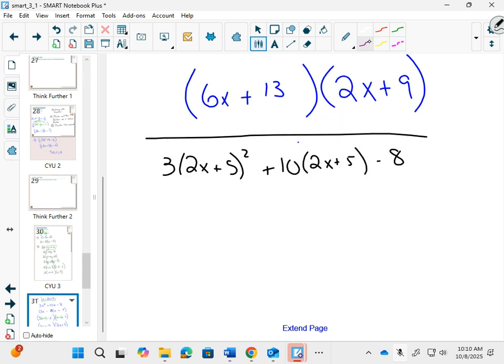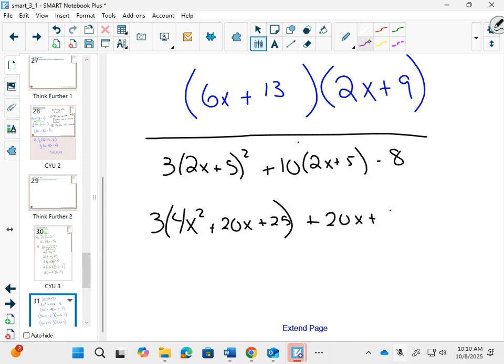So the long way to do these questions is actually multiply everything out to begin with. So 2x plus 5 squared, I did it really quick, that's foiling it out: 4x squared plus 20x plus 25. If I distribute this, I'm going to get plus 20x plus 50 minus 8.